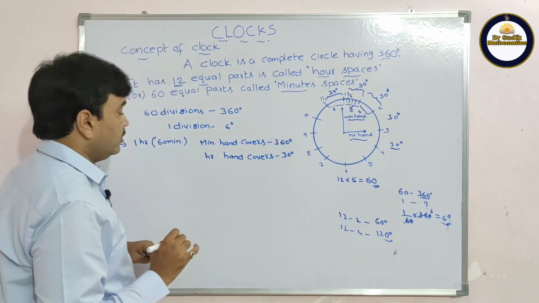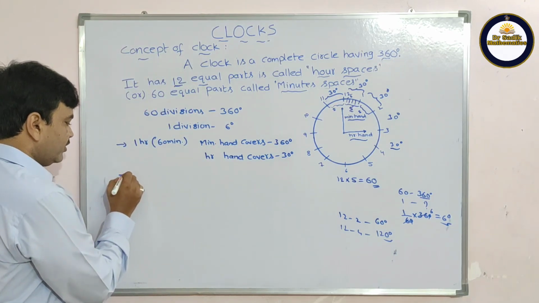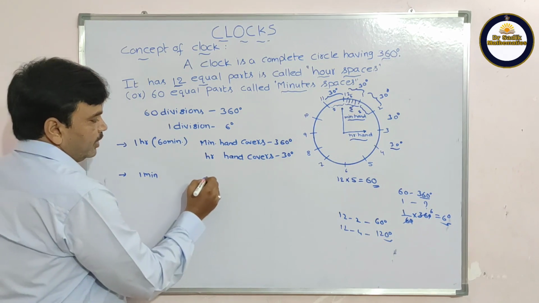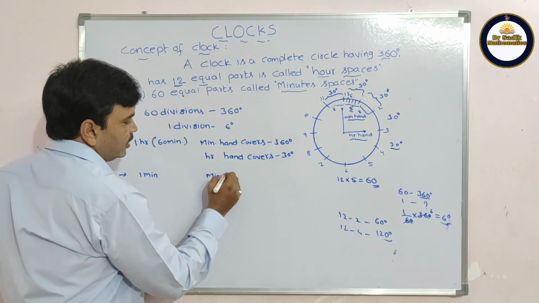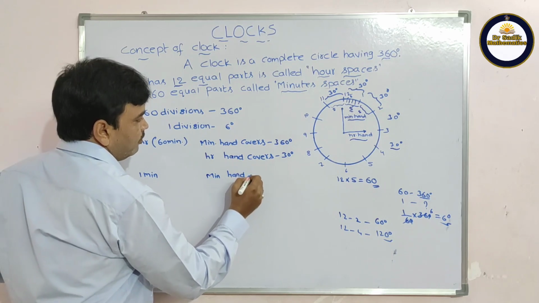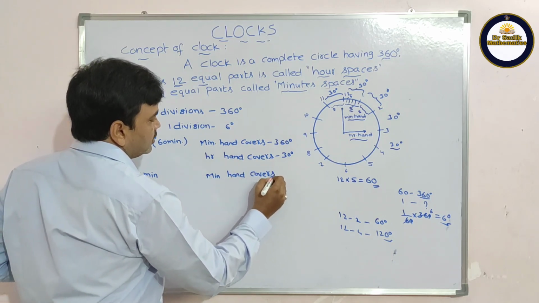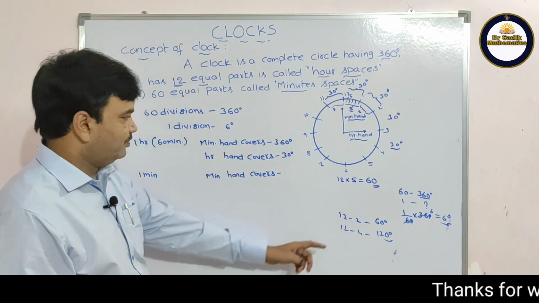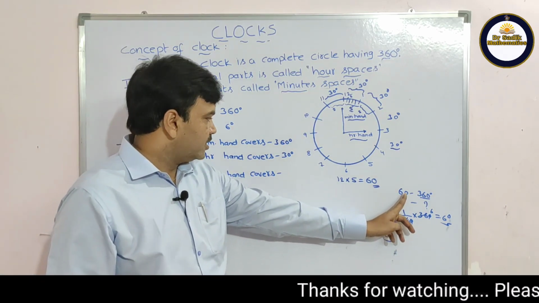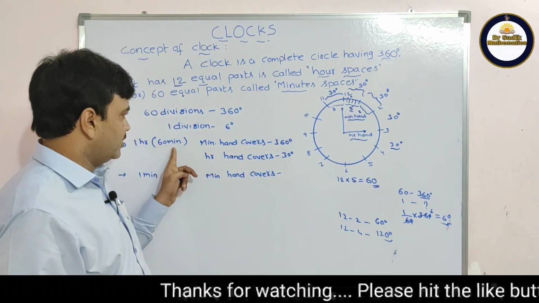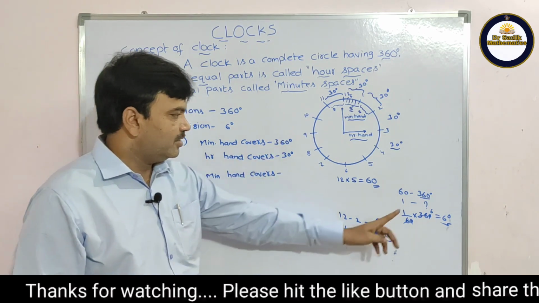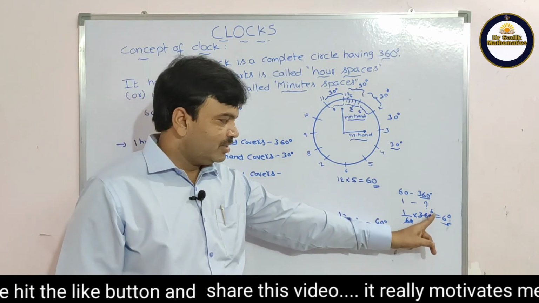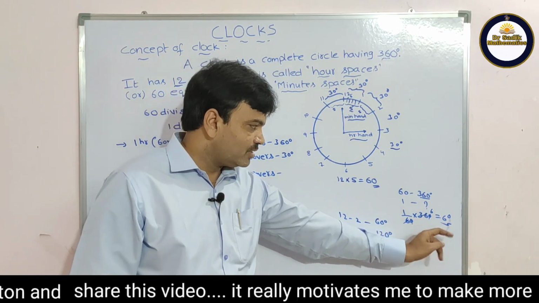Now I want to find for 1 minute. This is very important. In 1 minute, the minute hand covers: 60 minutes, 1 hour, covers 360 degrees. For 1 minute, that is 6 degrees.